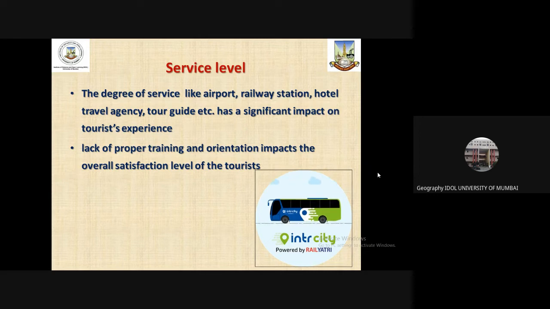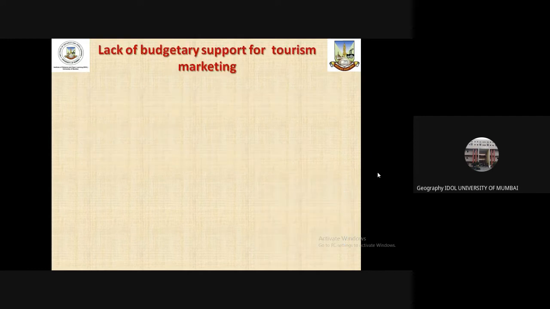But due to improper training and orientation, it leads to a great impact on the level of satisfaction among the tourists.